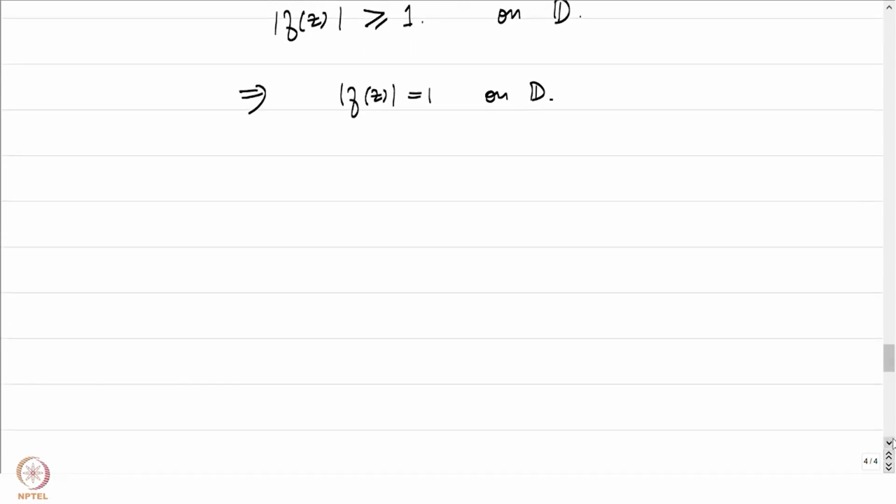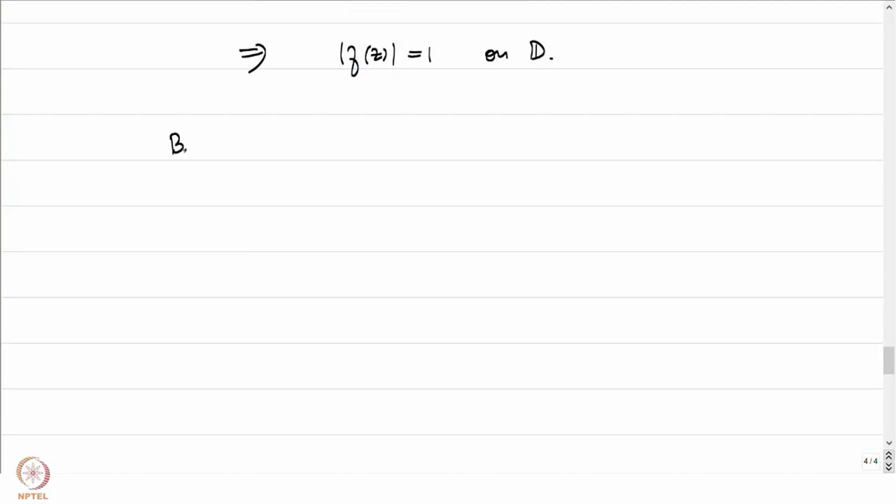But is that possible? That's not possible, because if f is a non-constant holomorphic map, it's an open mapping and f of D is going to be an open set. And by the open mapping theorem, f is forced to be constant, because if f were not constant, then f of D has to be an open set and it cannot be contained in the unit circle.